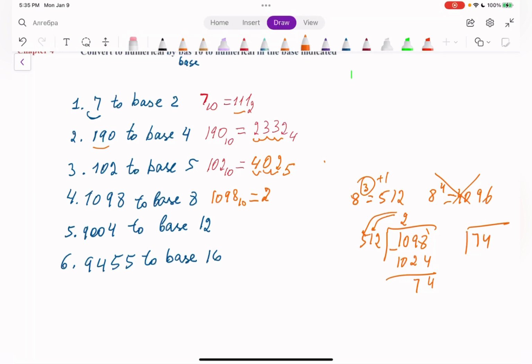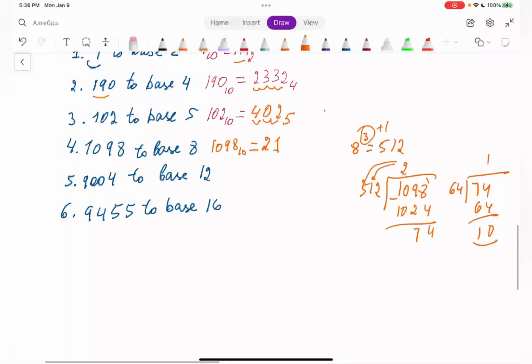So 8 to what degree is it going to fit into 74? It's going to fit 8 to power 2, right? 64. That's the maximum. Divide by 64. It's going to be 1 times 64. Remainder is 10, right? So this one I'm writing here. Okay, we have 10 left here. Since 10 is still greater than 8, we can still divide 10 by 8 to power 1, so 8.